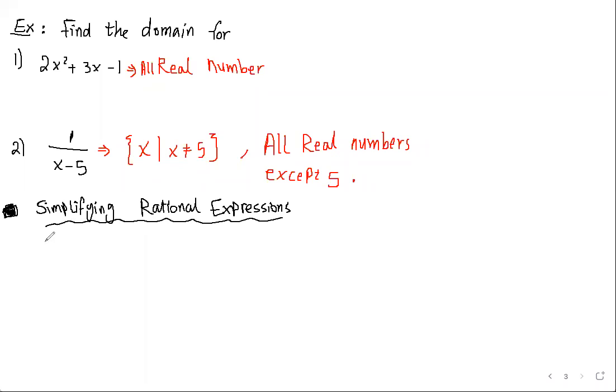First thing for simplifying rational expressions, we have to factor both the numerator and denominator. Then, after factoring as in the previous section, we're going to use this property. So first, we have to factor both the numerator and denominator.